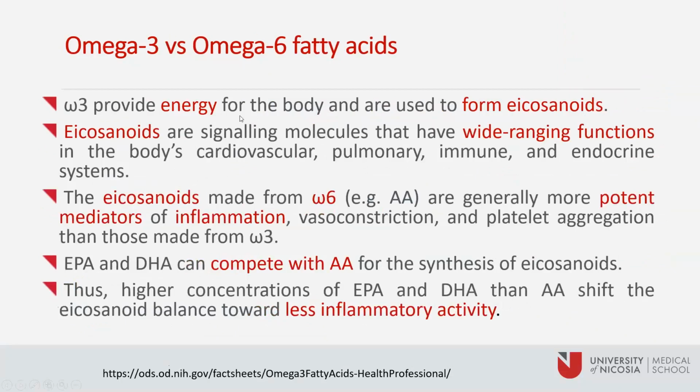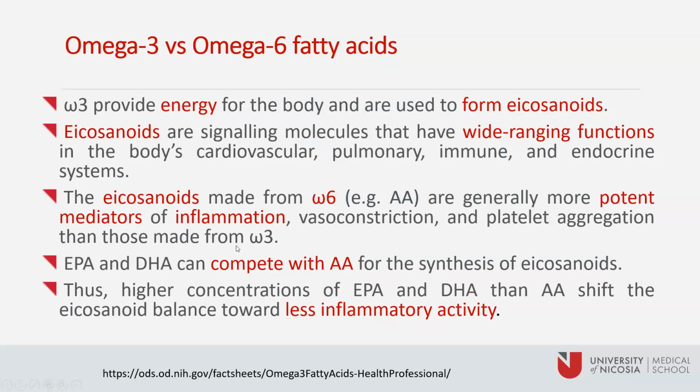They have a wide range of function, and usually they have an effect on the cardiovascular, pulmonary, immune, and endocrine systems. The eicosanoids that are made from the omega-6, for example from arachidonic acid, which is a major omega-6, are generally more potent mediators of inflammation. They can also cause vasoconstriction, and they can induce platelet aggregation compared to those eicosanoids that are made from omega-3.